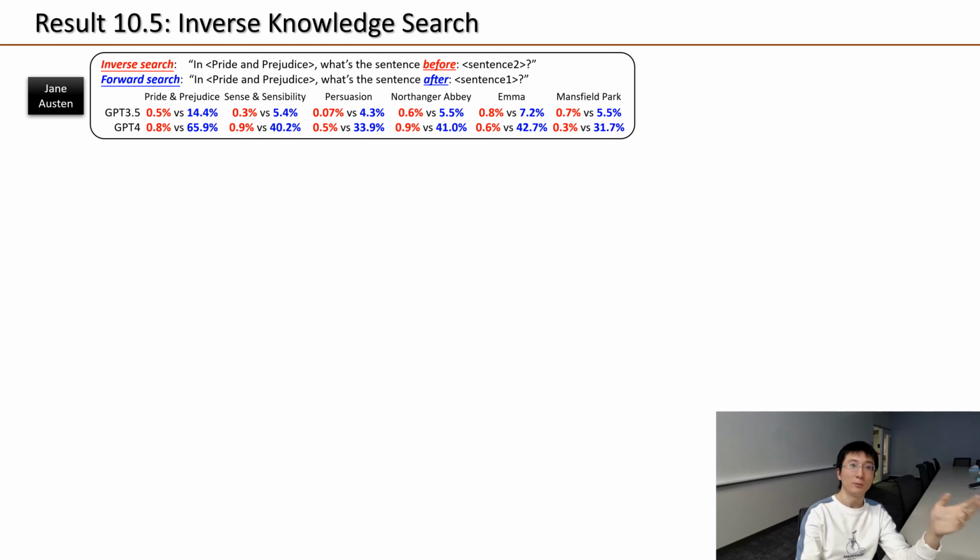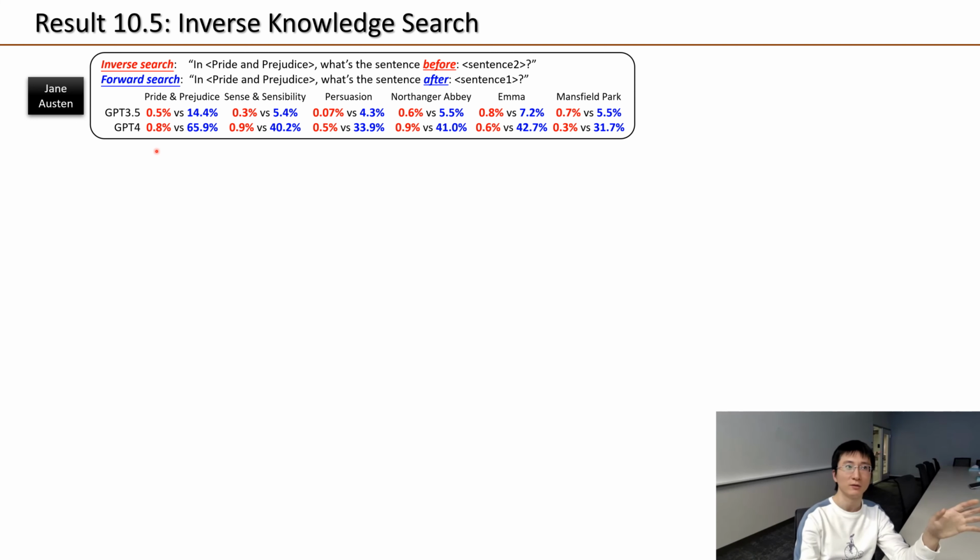And we can ask GPT-4, for instance, what is the sentence after a sentence, or what is the sentence before a sentence, and compare the accuracy. We noted that GPT-4 is capable of generating the next sentence in Pride and Prejudice with a super high accuracy of more than 65%. But if you ask for the previous sentence, then GPT-4 only has a 0.8% accuracy, pretty bad.